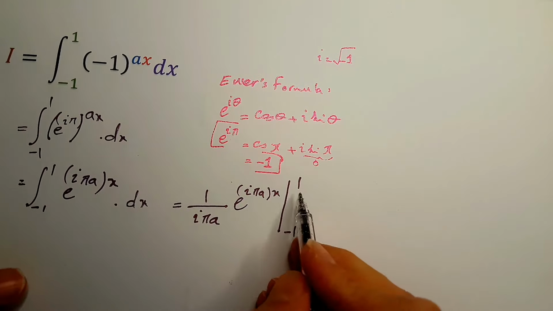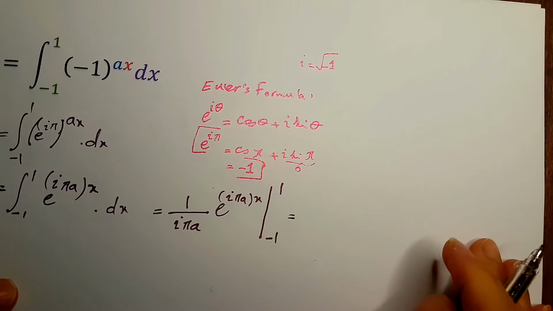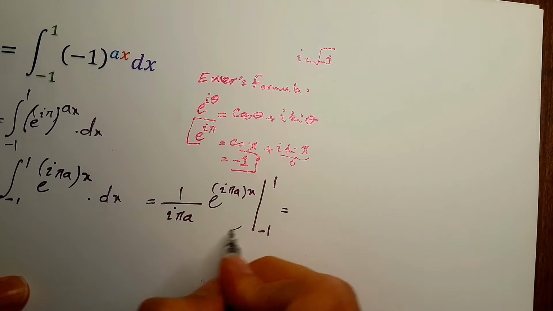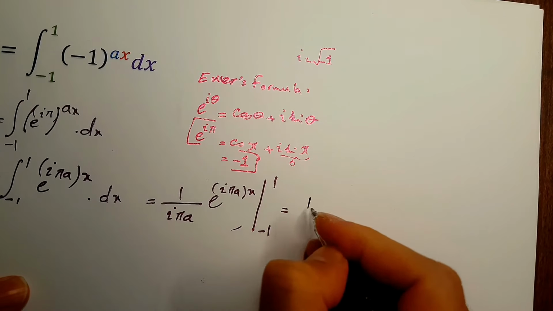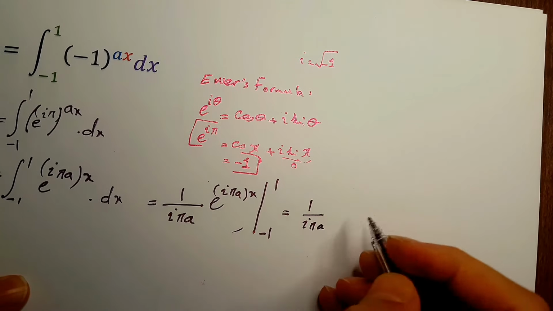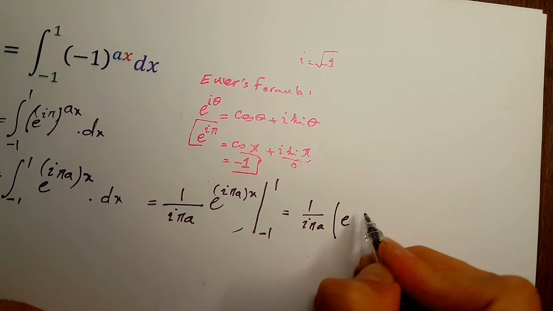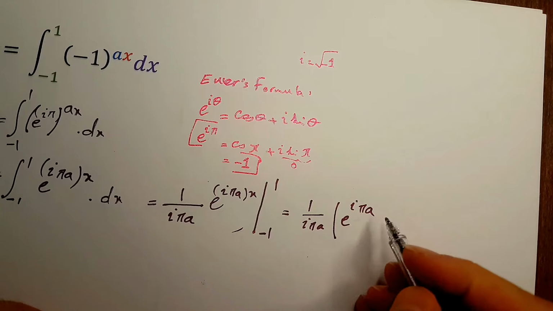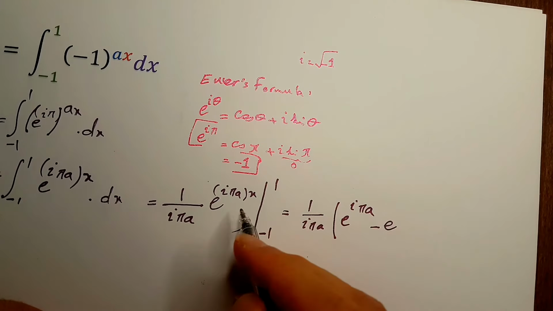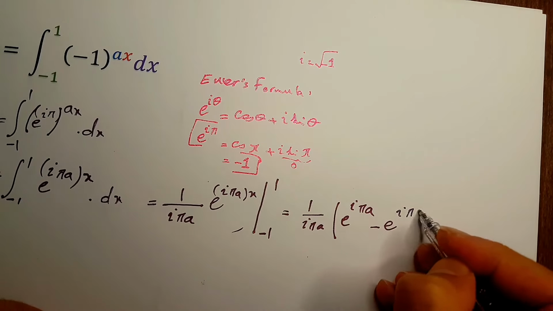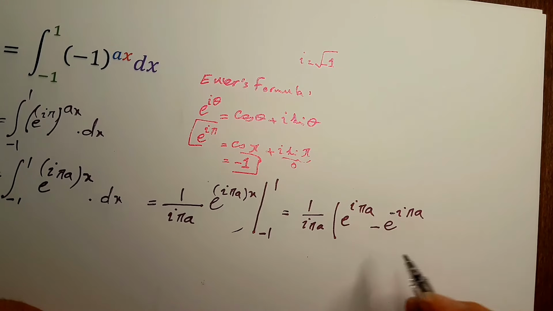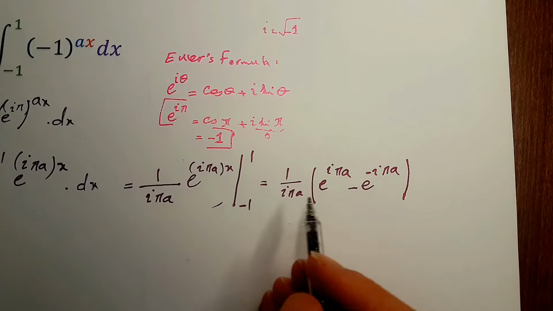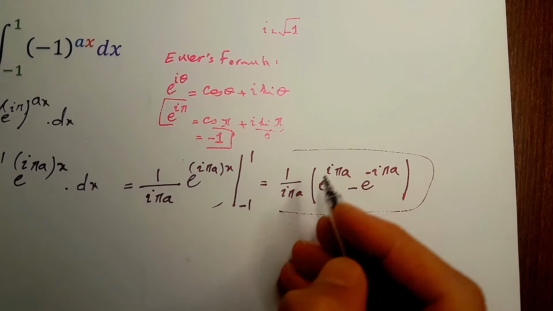We just need to plug 1 and minus 1 into the outcome, which is 1 over i pi a, which is fixed, times e to the power of i pi a times 1, minus e to the power of i pi a times negative 1. So this integral is solved, and this is the answer.